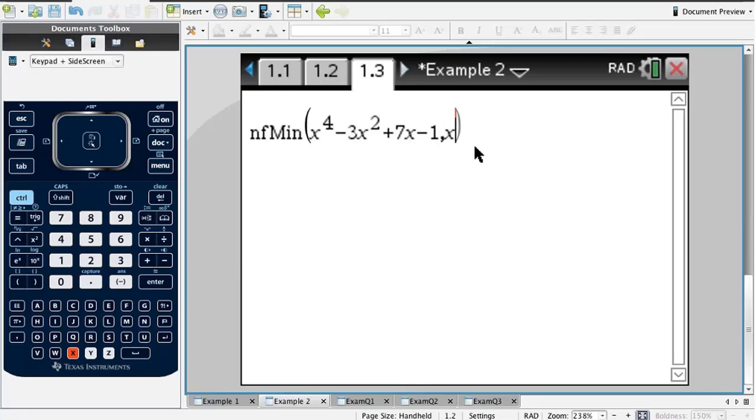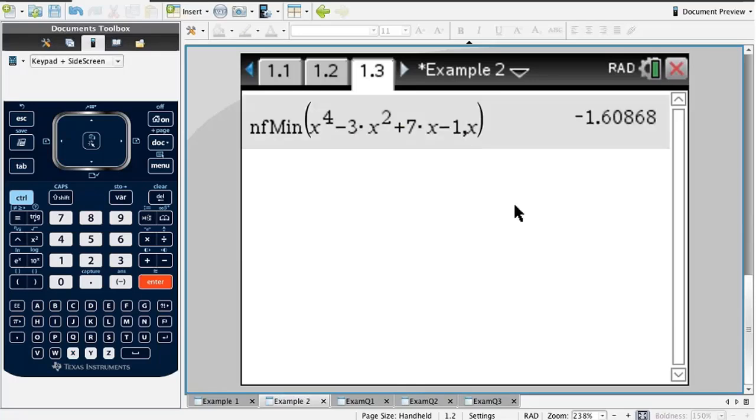I want the x coordinate, and there it is. So negative 1.6. Now they've given us more decimal places, but it would be negative 1.61 just like on the graph if we rounded to three significant figures.